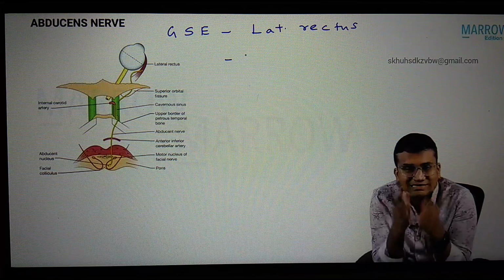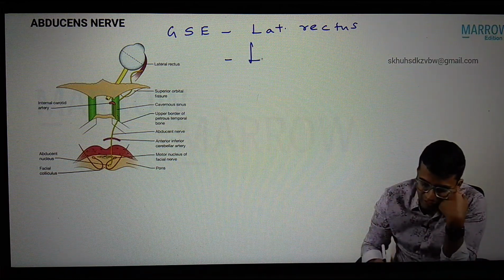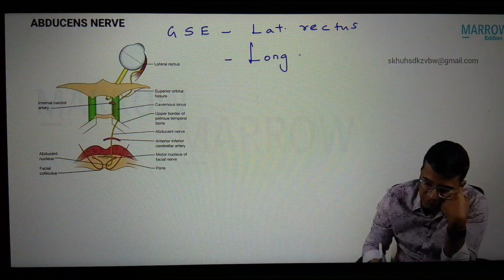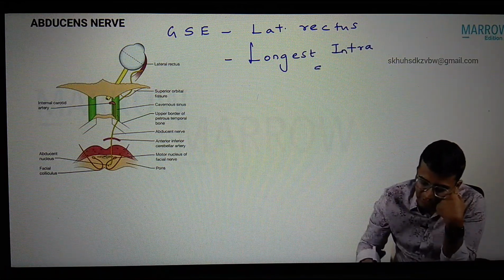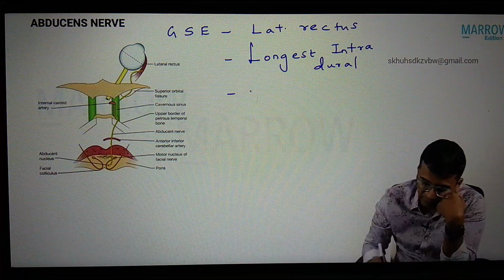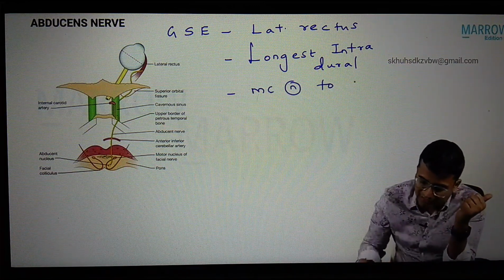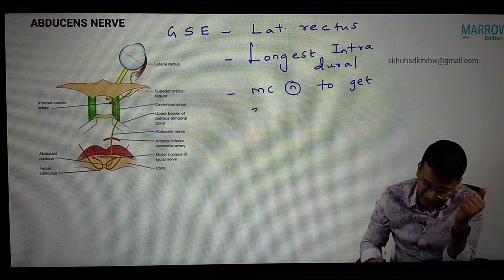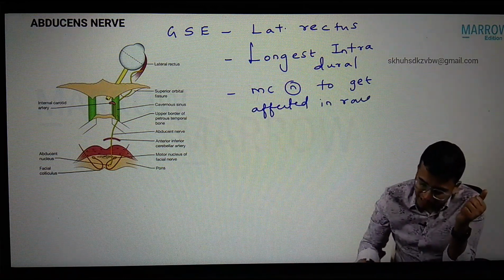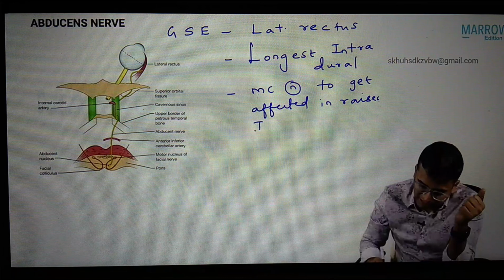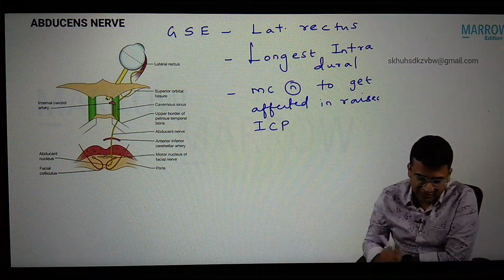It passes inside one canal, Dorello's canal. So this nerve has the longest intradural course, number one. And it is the most common nerve to get affected in raised intracranial pressure. Okay. Right. Now, these are the features of the sixth nerve.